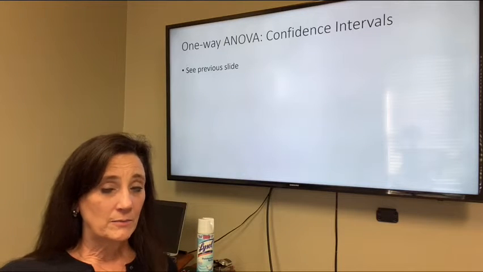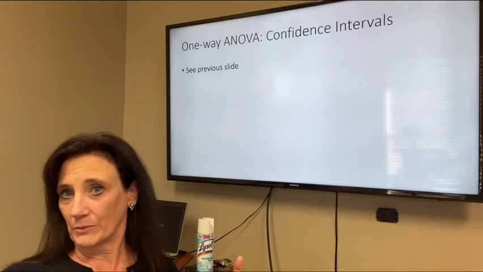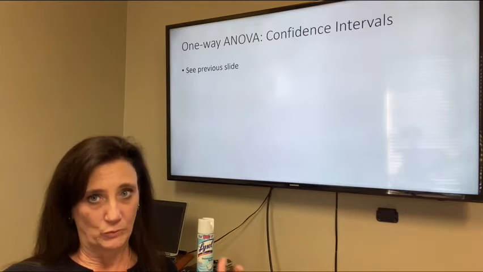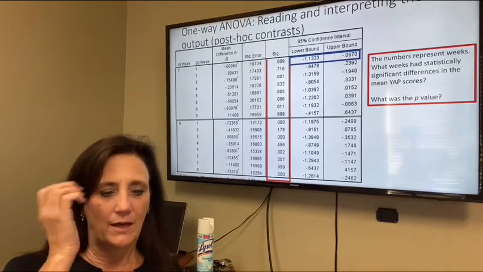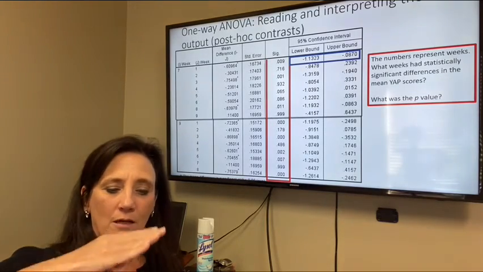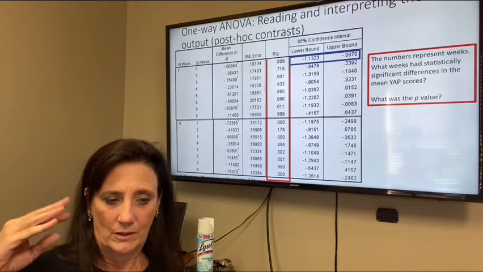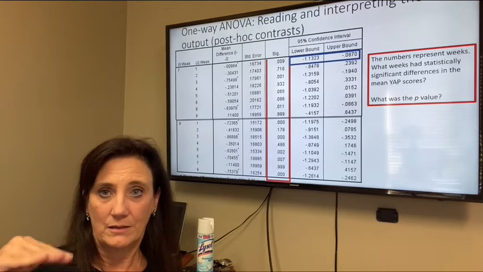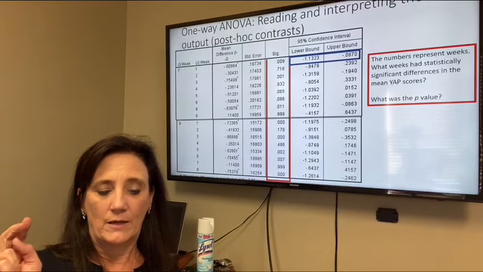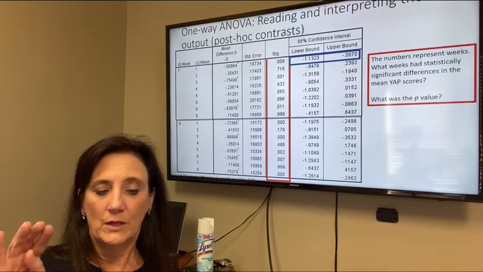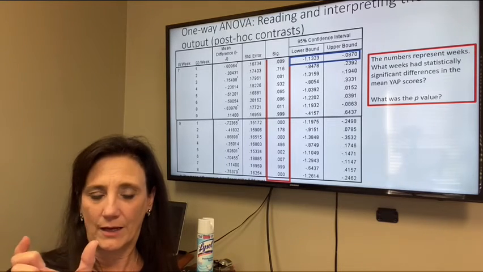The other thing to be sure that you check on is confidence intervals, because we're going to have to report the confidence intervals when we write our report. So if you go back to the previous slide, you can see that the confidence intervals for all of the weeks that had statistically significant differences show numbers that are all on the same side of 0, right?